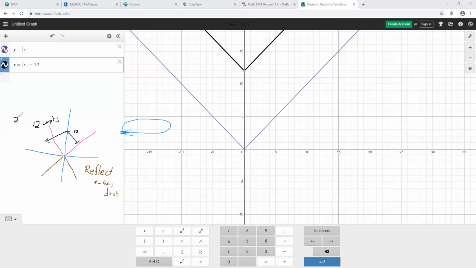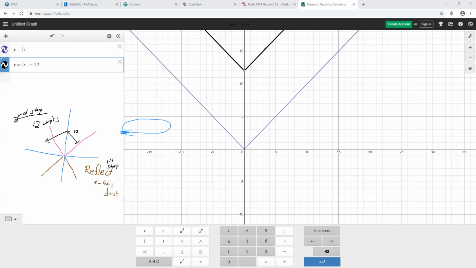But we do this second step, and this is the first step. If we did that, then we would get this black graph, wouldn't we? Uh-huh. But they didn't tell us to, but what did they tell us to do first, Megan? Reflect over the x-axis first, or move it up 12 first? Move it up 12. Yeah, which is this black graph up here, isn't it?